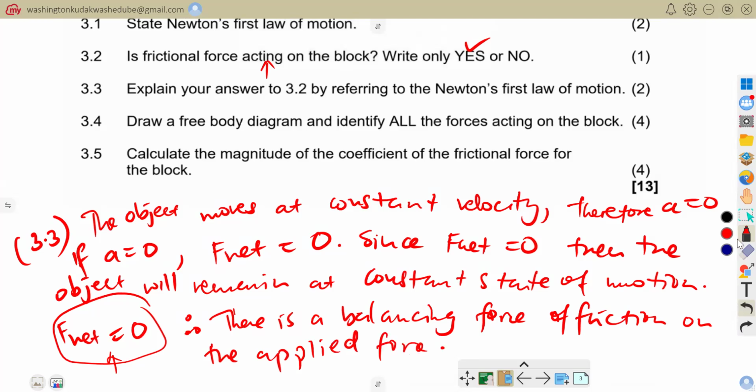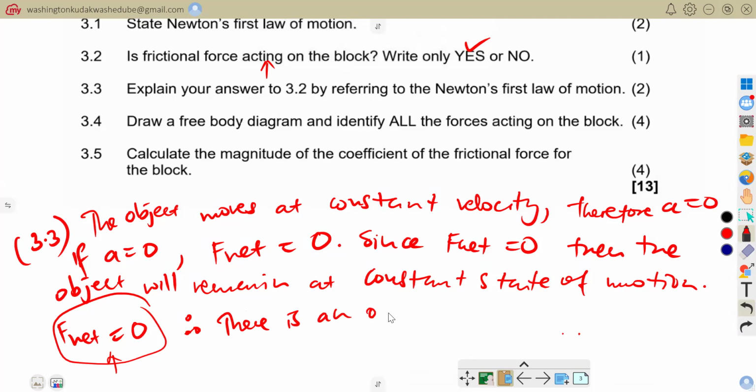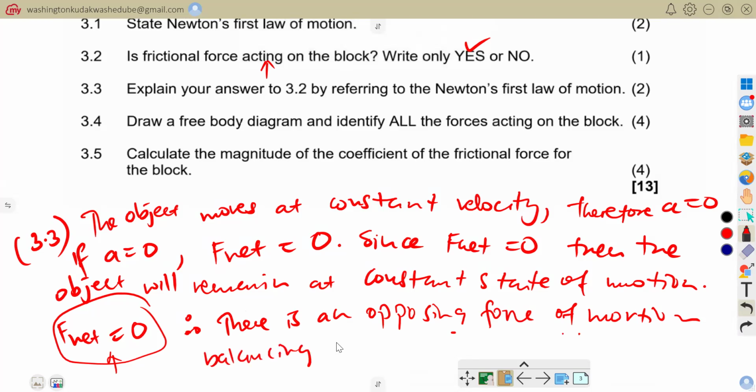Or else you can simply state that, therefore, there is an opposing force of motion acting on that block. You can say, therefore, there is an opposing force of motion balancing the applied force. That is simply what you would have said there.